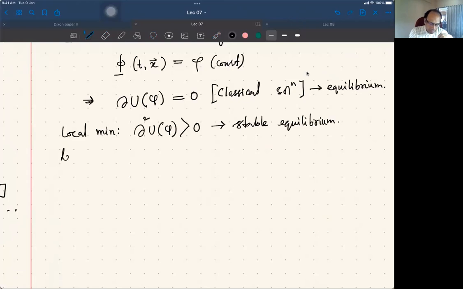And a local maximum would mean that del squared u of curly phi is less than 0, and that means unstable equilibrium.